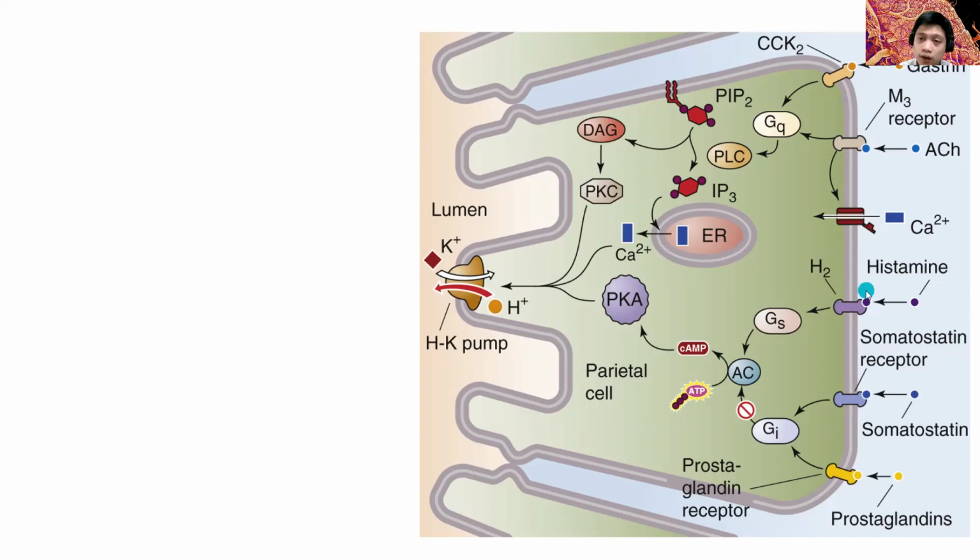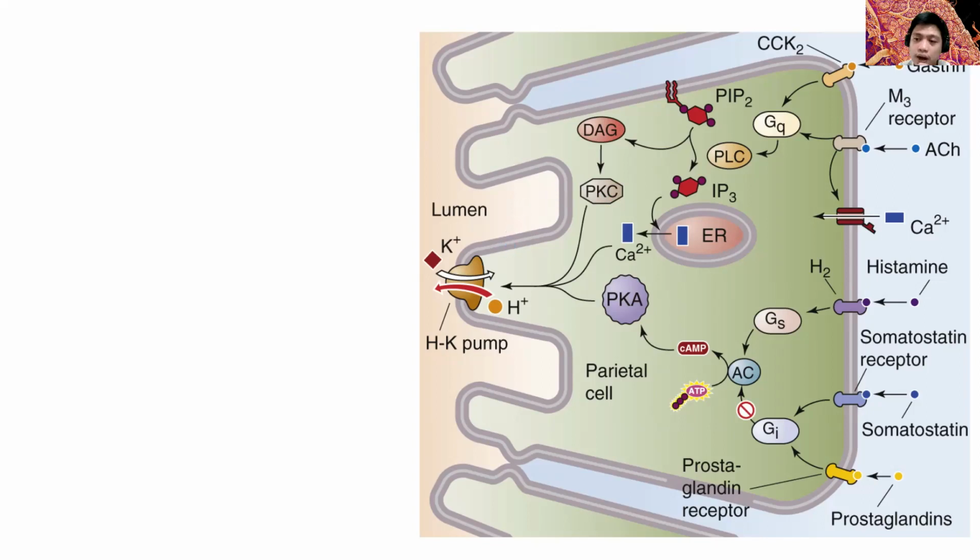So at the end of the day, acetylcholine and gastrin will increase the levels of calcium inside the parietal cell. And this calcium will activate protein kinase C, which will increase the translocation of your proton pump into the apical side of the parietal cell.